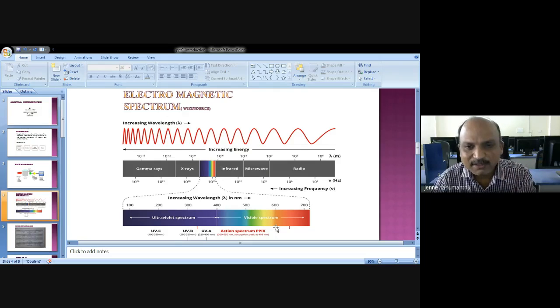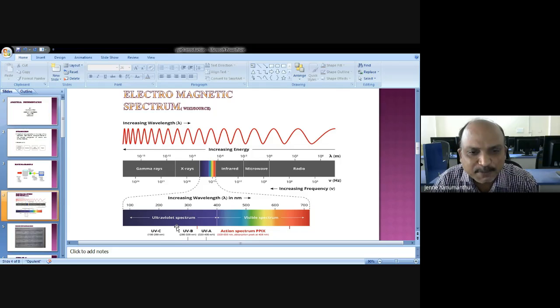Remember, examine this graph which I am showing on the screen. This complete spectrum occupies different frequency ranges. Which frequency range you want to apply on the sample is based on the requirement of the process. Sometimes we require gamma ray frequencies, X-ray frequencies, ultraviolet spectrum frequencies, and visible spectrum frequencies.